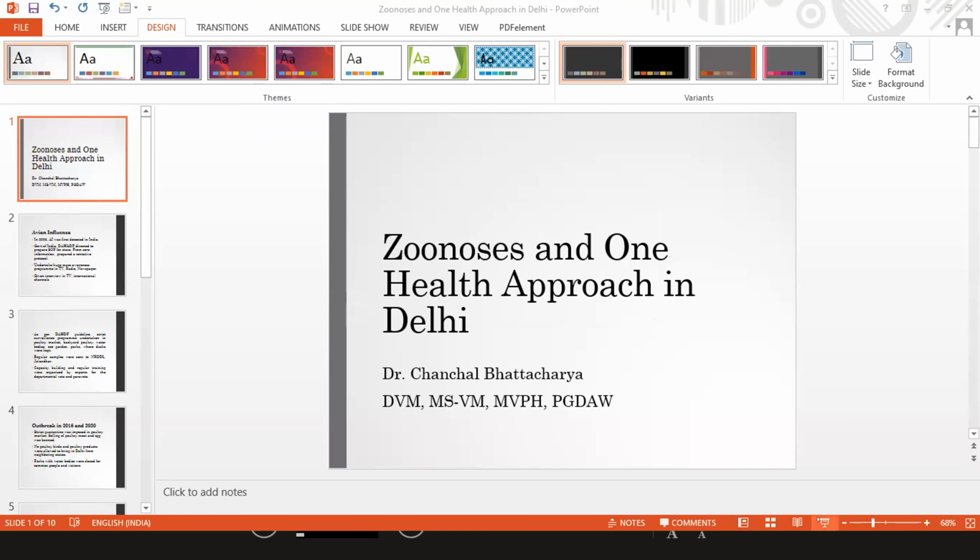A regular serosurveillance was conducted with the help of NRC Equine, ICAR, Hisar in different places. Medical doctors from the medical department of the Delhi government visited the areas where horse owners were living.